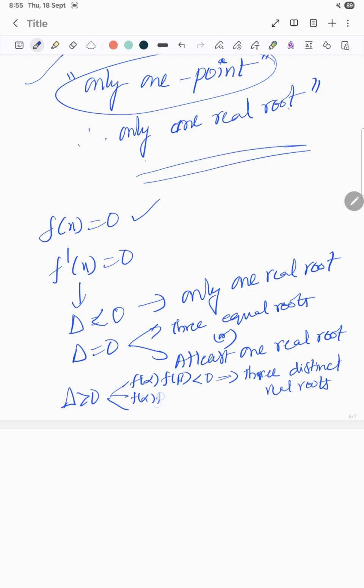F of alpha into f of beta equal to 0 will have three real roots, alpha, alpha, gamma, like that. Means one is a repeated root, and the third one is distinct from this. And f of alpha into f of beta greater than 0 will have only one real root.